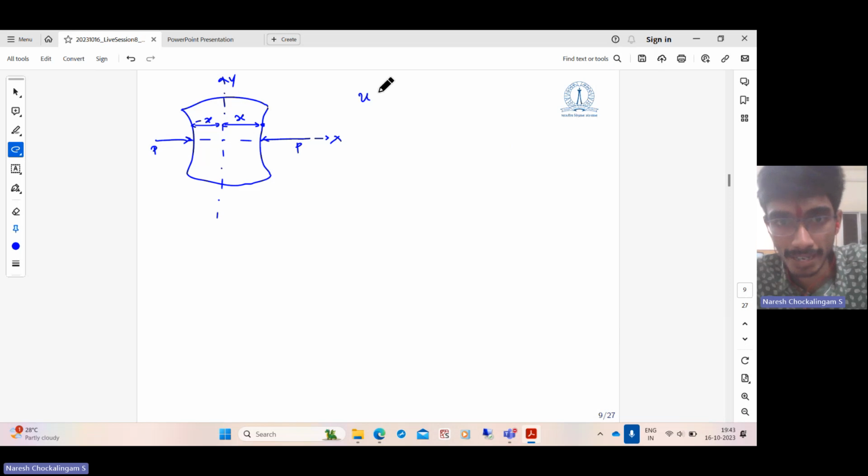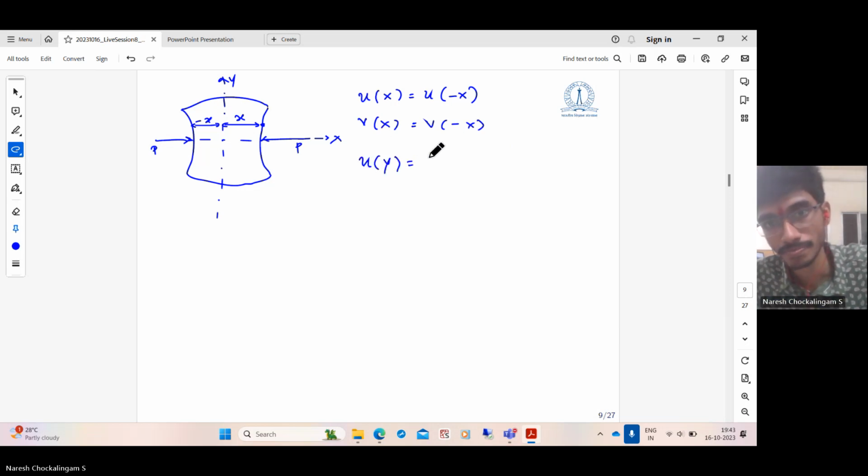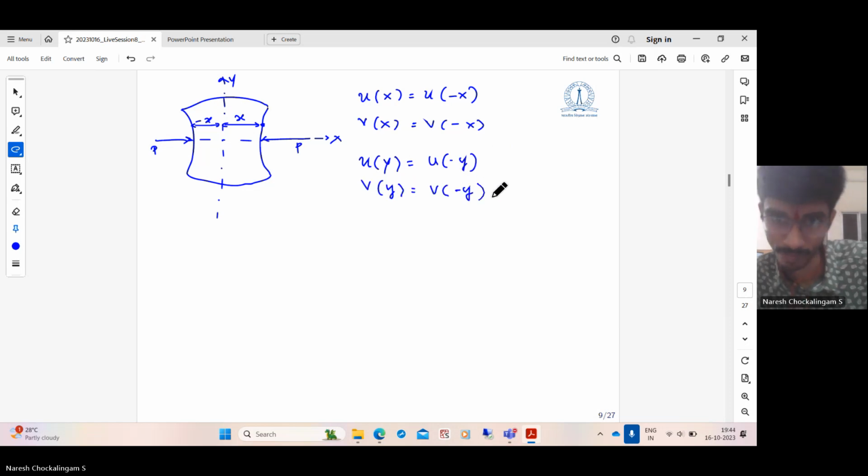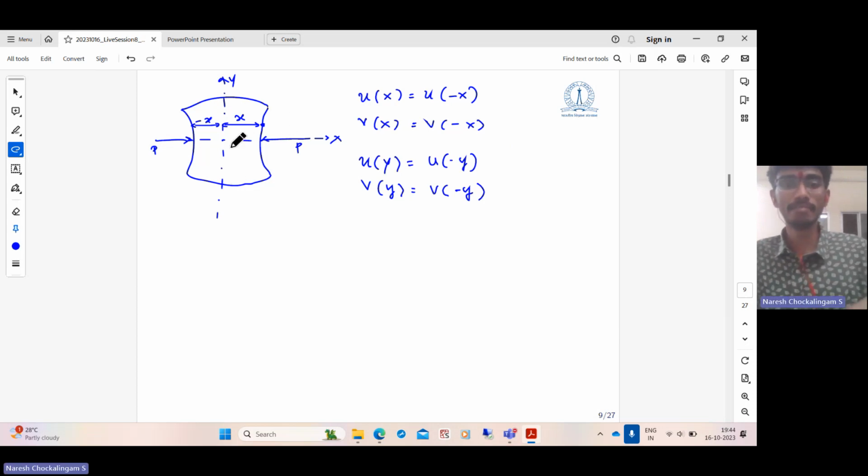So the horizontal displacement of any point is equal to the horizontal displacement of its mirror image. Similarly, there is also symmetry about the x-axis, which means the vertical displacement is also symmetric. So it is not just the horizontal, it's both the horizontal and the vertical displacements that are symmetric. And the same applies to y as well. Because if the forces and the structure are symmetric, the displacements are also symmetric. So this is one thing.